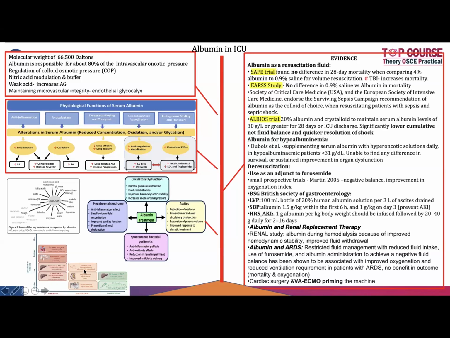Sepsis with hypotension despite crystalloid resuscitation, based on the ALBIOS trial, after you have resuscitated with adequate crystalloids and the patient has not responded. Then there are indications wherein it can cause harm.